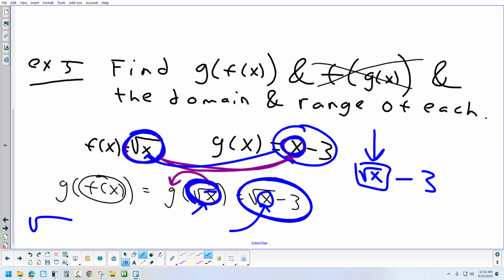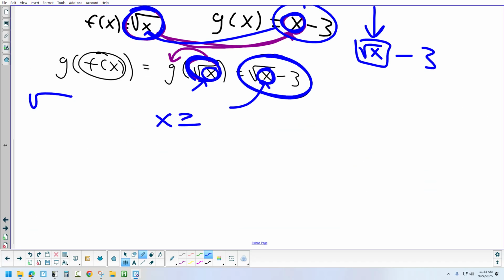You're allowed to plug in anything you want here that's 0 or higher. So, well, that's nothing new. It's still 0 or higher. Okay? So the domain here, if you put both of those things together that we just said, x has to be greater than or equal to 0.